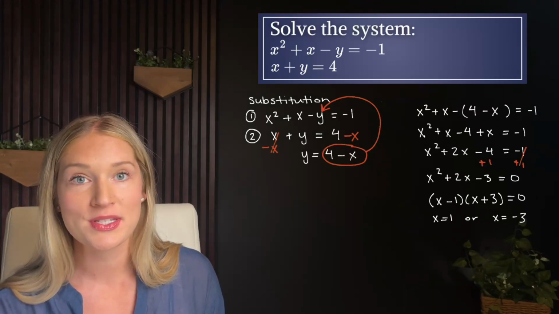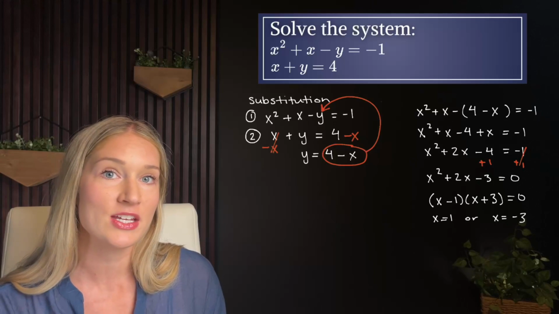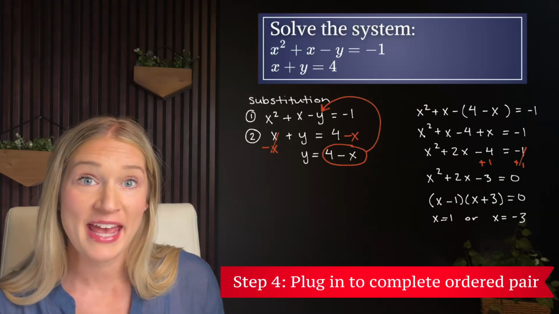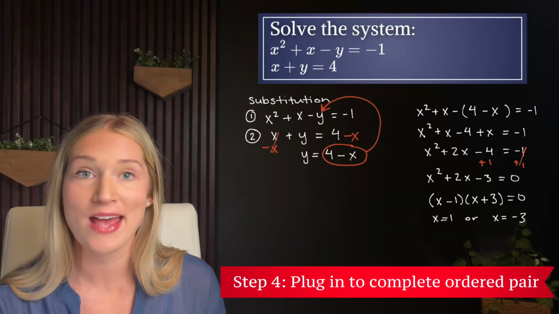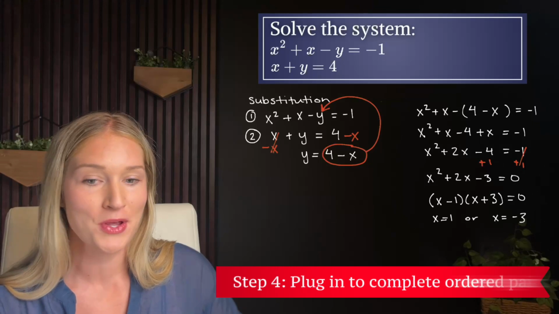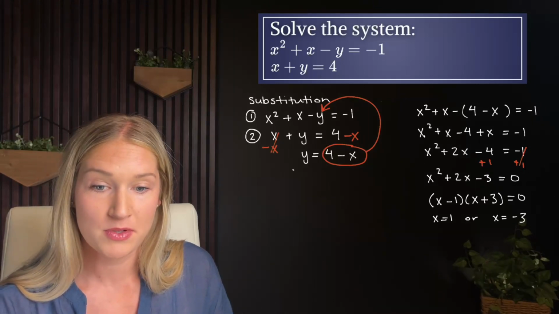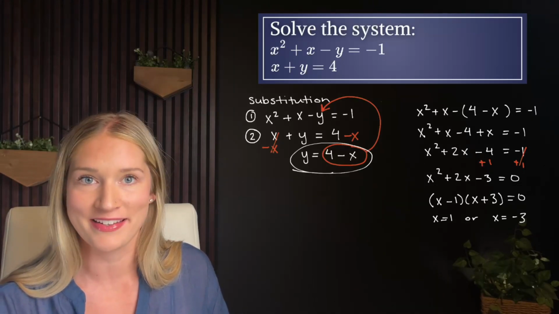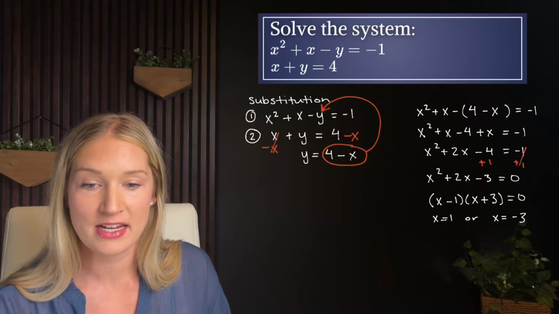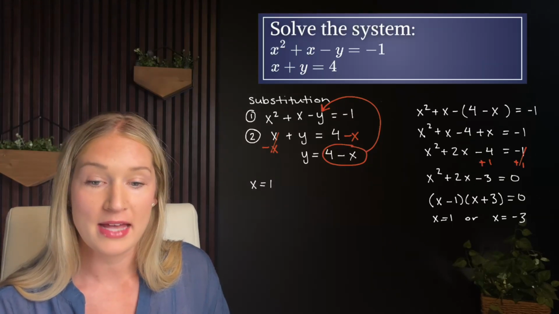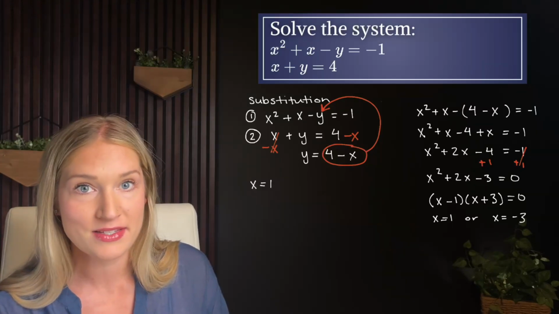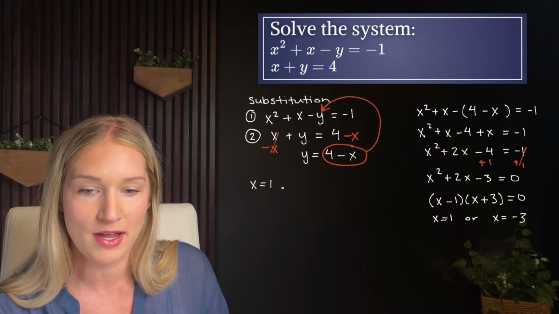What I'm going to do is find the y values that correspond with each of these x values. I can pick any equation that has both x and y in it to go back and substitute, but the easiest one to me would be this equation right here. So let me go ahead and take my x equals 1 and plug it back in for that x value to find the corresponding y value.